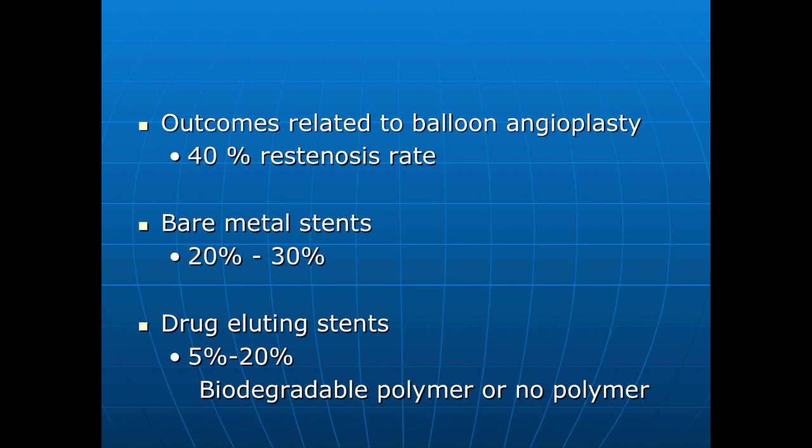As they continued to work, they came up with a stent that actually had a polymer on it with a pharmacologic agent embedded in that, and it prevented the growth of scar tissue in that stent and was able to reduce the restenosis rate to 5 to 20%. And that's what we're currently using today.